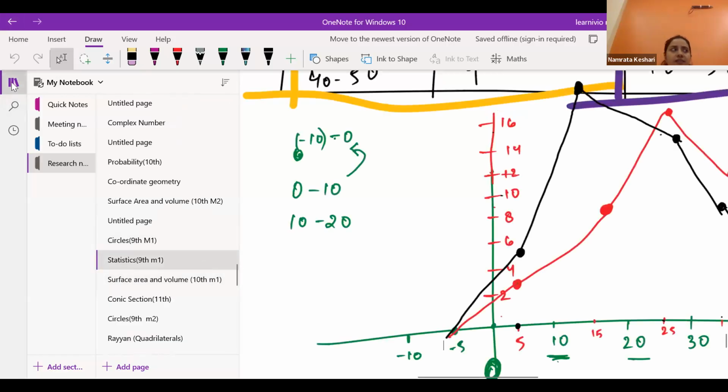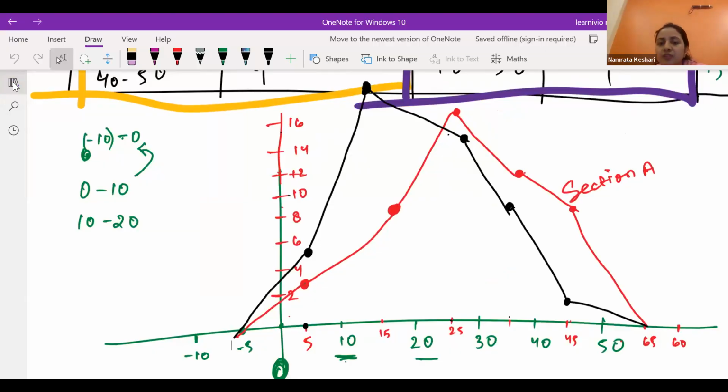Yes, after statistics, is there any chapter which is left? No, ma'am.